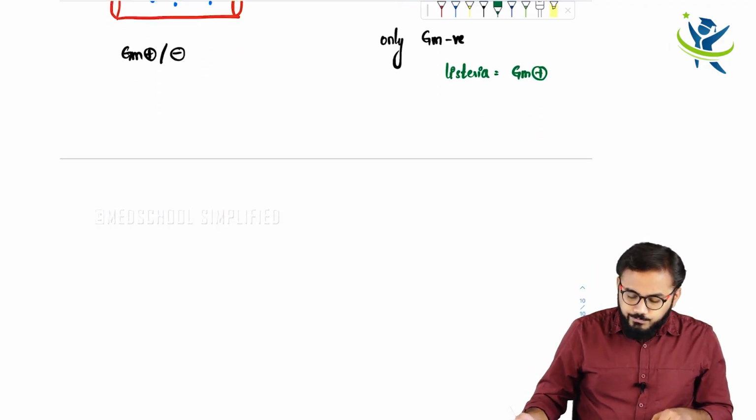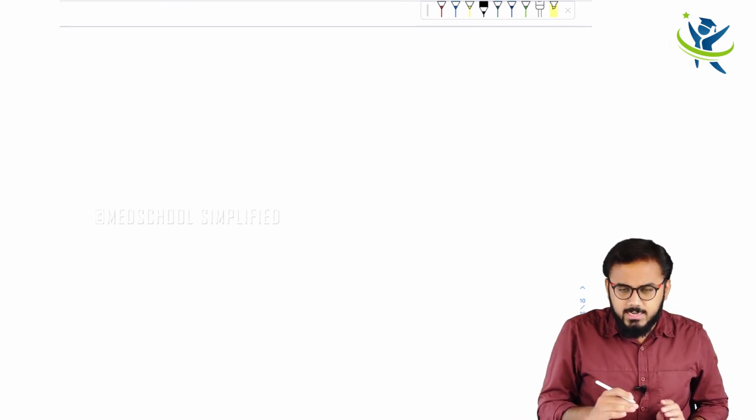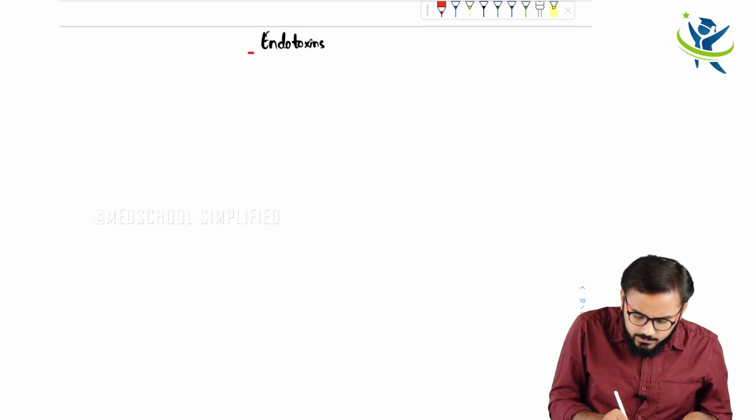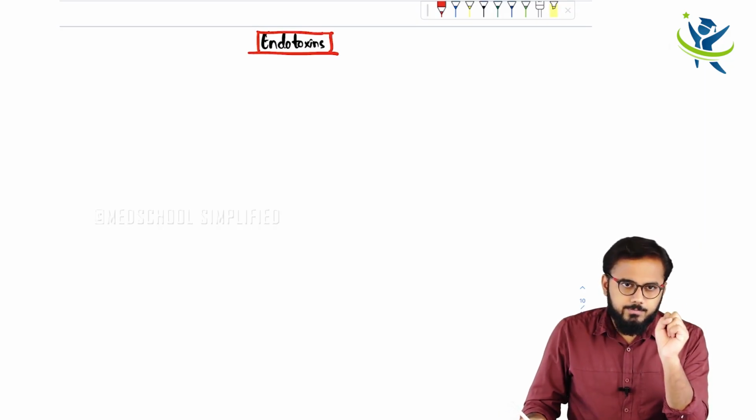Point number two is, let us discuss the exotoxins in the next session. But what is important is that we have to discuss endotoxins very carefully. Why should we discuss endotoxins? The reason is, for example, if endotoxin is released, right?